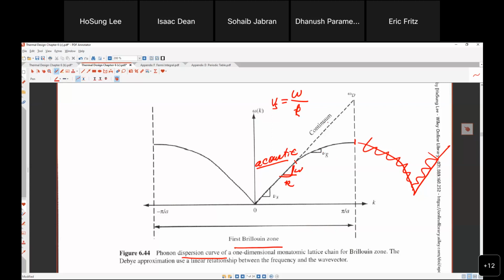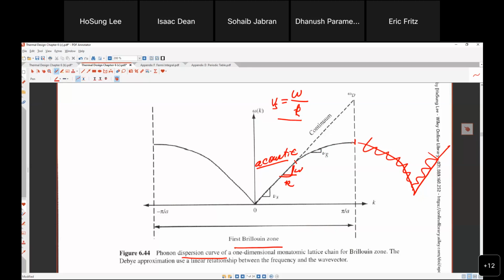So this is so important, that we understand. Most acoustic is related to frequency and K, wave number, but actually the group velocity is zero here.